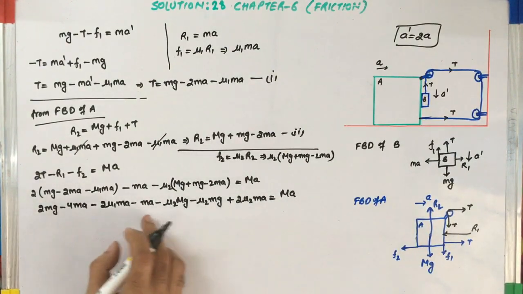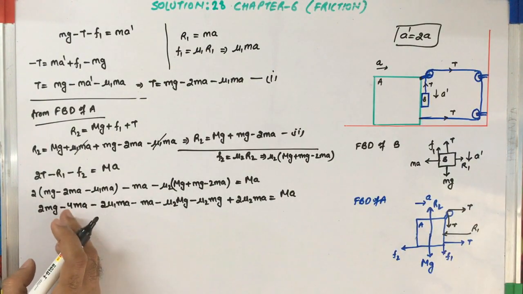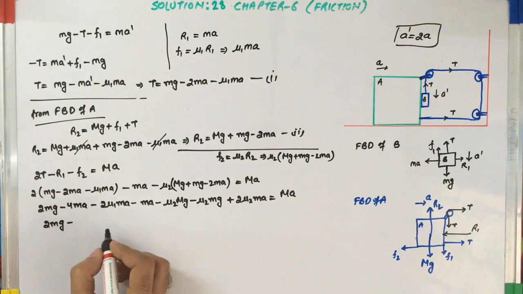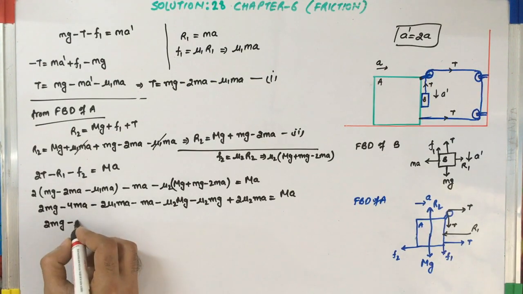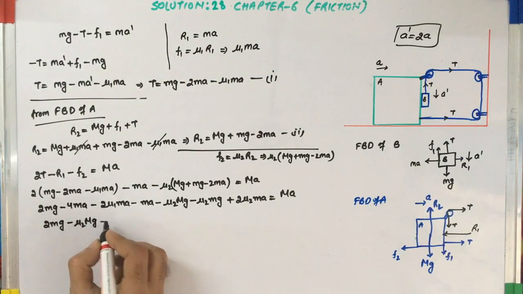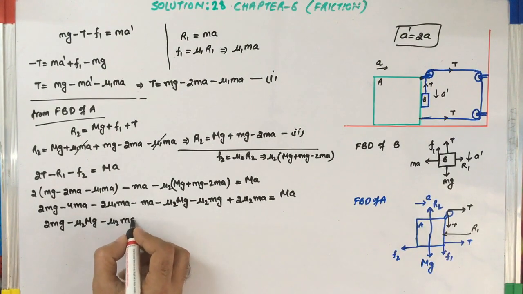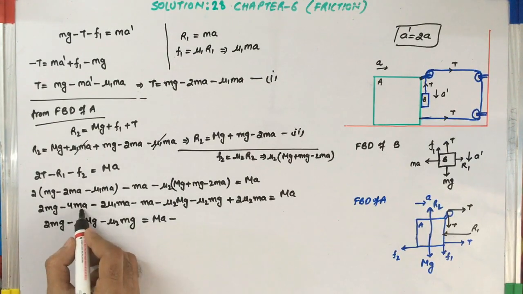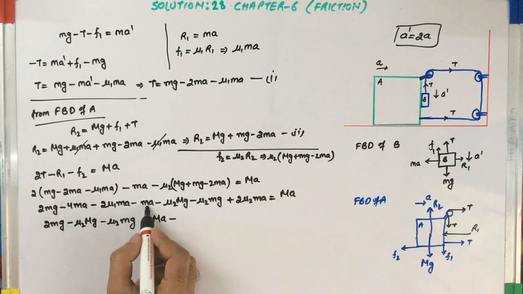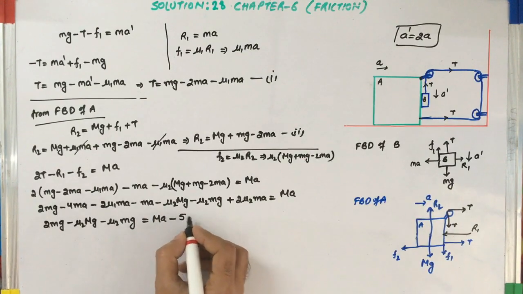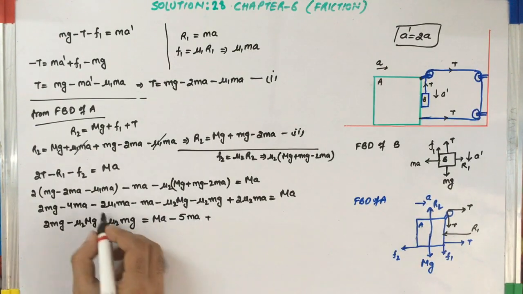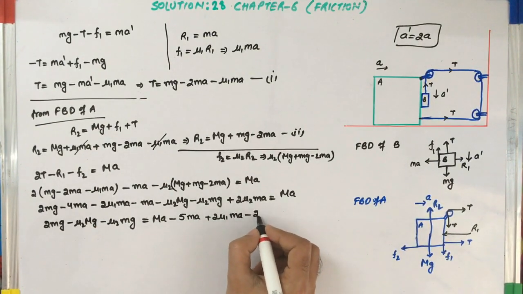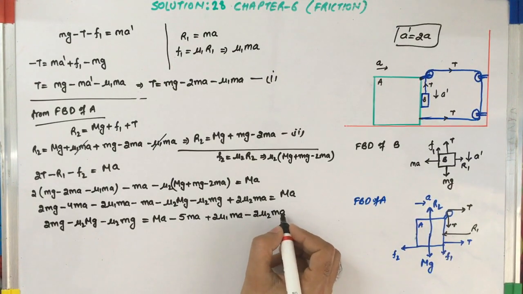Now taking all the a part in the right hand direction and rest in the left hand direction, so this will become 2mg minus mu2 mg minus mu2 mg is equal to ma plus 4ma, that is 5ma, plus 2 mu1 ma minus 2 mu2 ma.